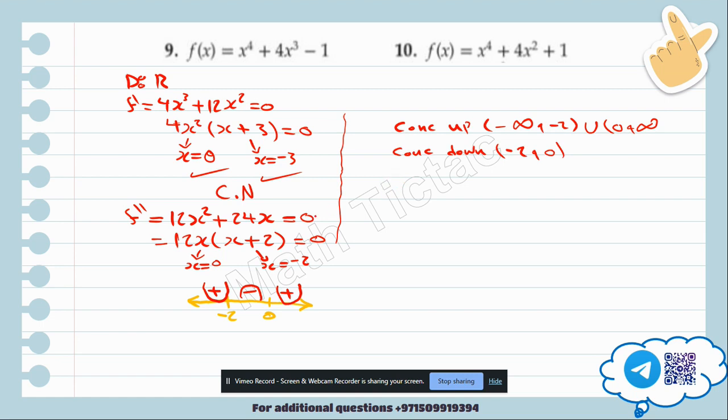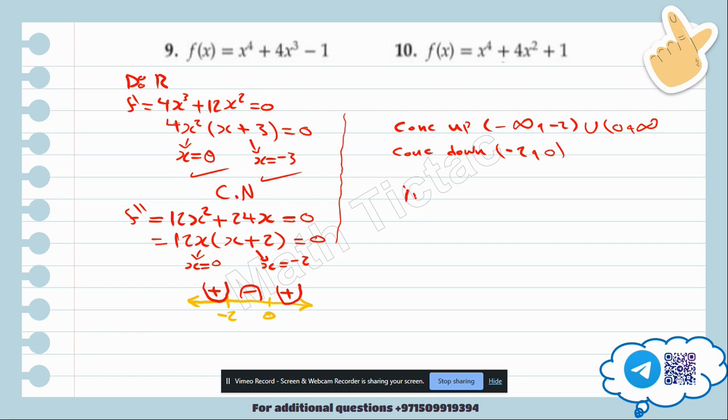Now for the inflection points, in case you have a change from concave up to down, that means you have an inflection point. So at minus 2 we have a change from concave up to concave down.